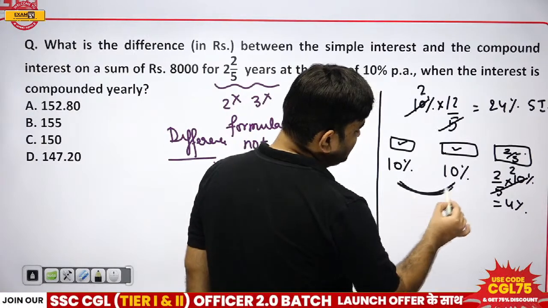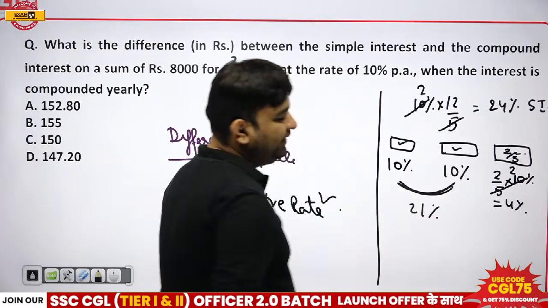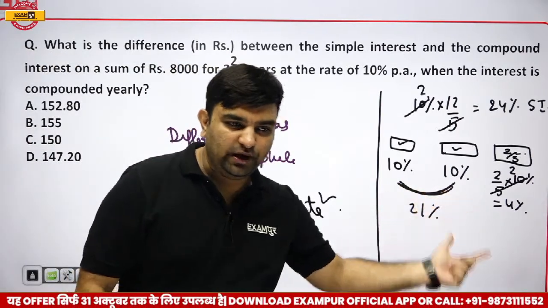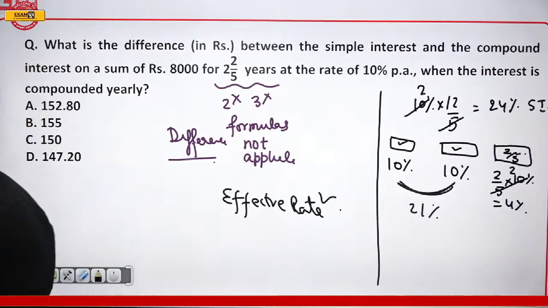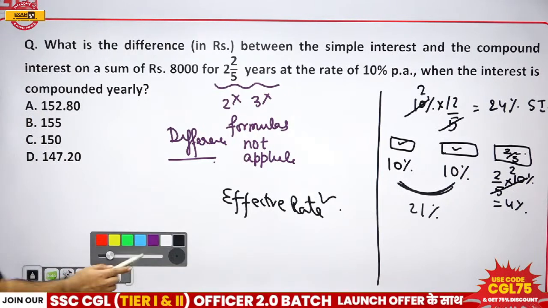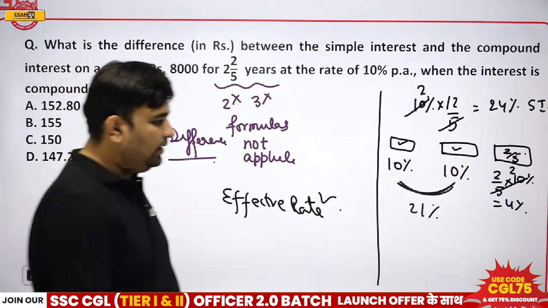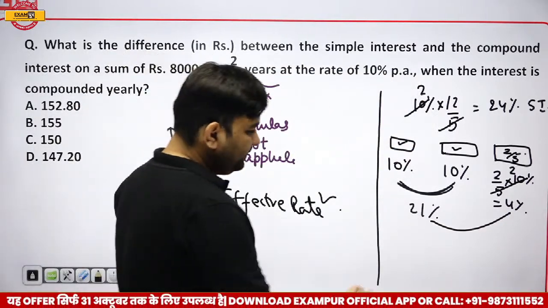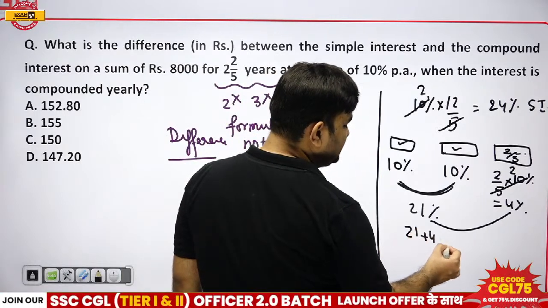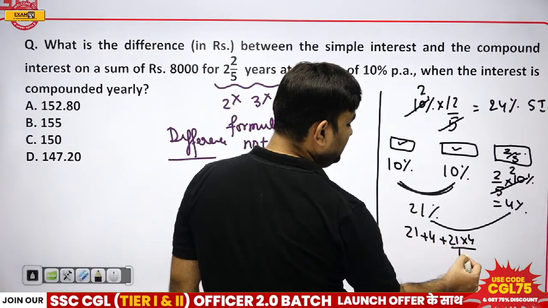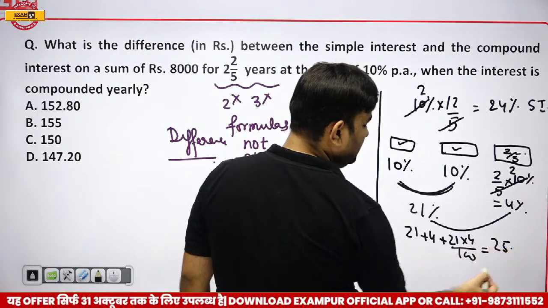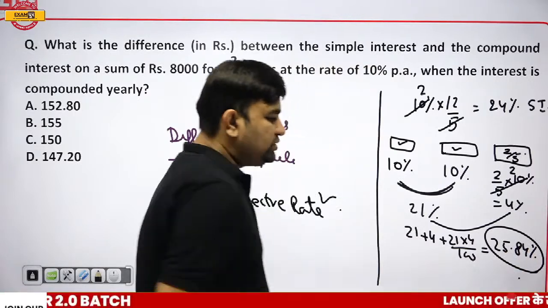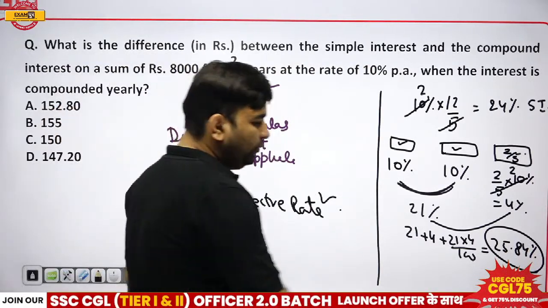Effective of 10 and 10 is 21, A plus B plus A into B upon 100. And what is the effective of 21 and 4? A plus B plus A into B upon 100 gives 25.84%. So your CI is 25.84%.